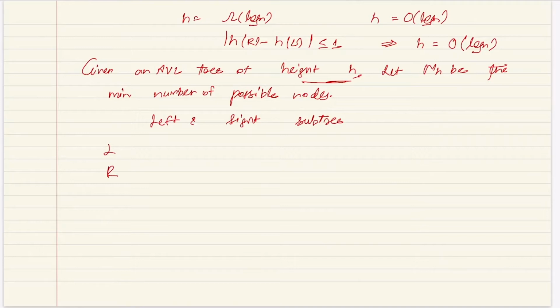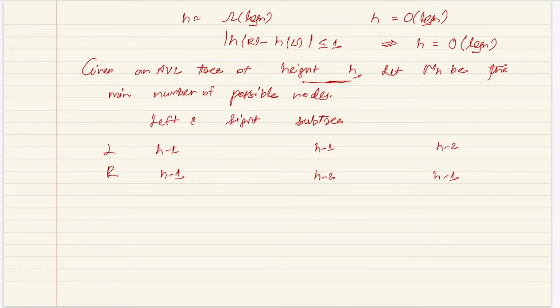You see, HL minus HR cannot go beyond 1. So simplest possibility, both are h minus 1, h minus 1. It can never be h, because height of the tree will be 1 more than the max of the two heights, right? So both can be h minus 1, h minus 1, or one can be h minus 1, another can be h minus 2, or one can be h minus 2, another can be h minus 1, right?